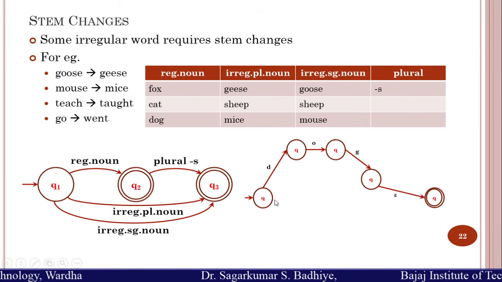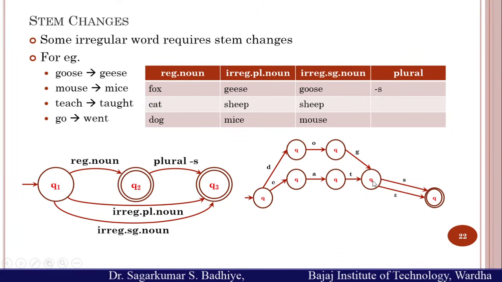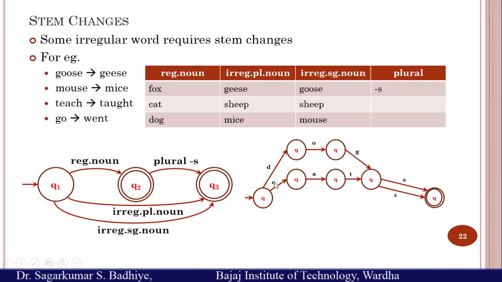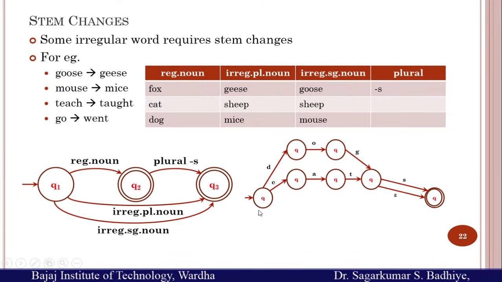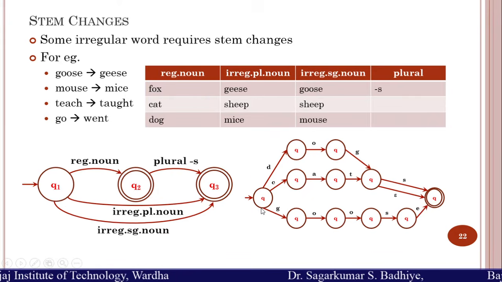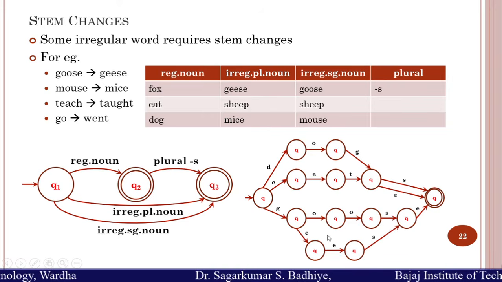Similarly, cats can be accepted by reading cat and reaching a particular state, and after that reading s and reaching a final state. So this automata can now accept cat, cats, dog, and dogs, the four different words that can be accepted by this automata. And similarly, for accepting goose you can use this path, and then for accepting geese you can use this path, right?